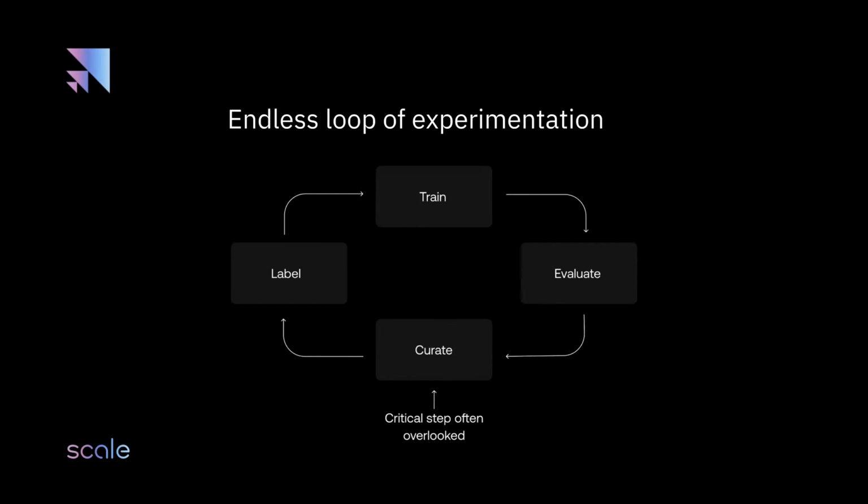So as teams end up in this loop of experimentation, the most important part is to think of this as an iterative process: not just we've trained a model and deployed it, but deployment as really the first step in a much broader campaign for the most effective data collection you can do to mine the long tail.